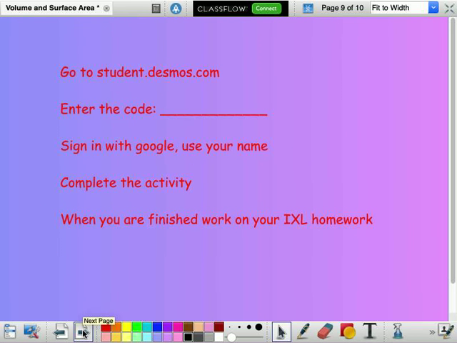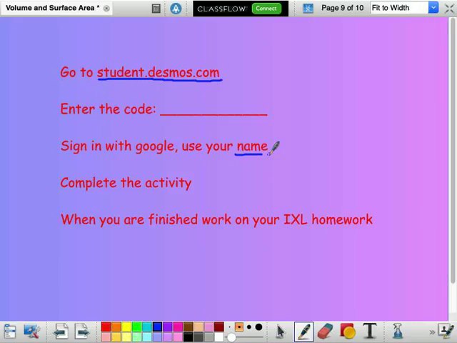Now you're going to go to student.desmos.com. You're going to enter the code. It's going to be on your board. So this is on the whiteboard. Sign in with Google. Make sure you use your name. You shouldn't be working with a partner.